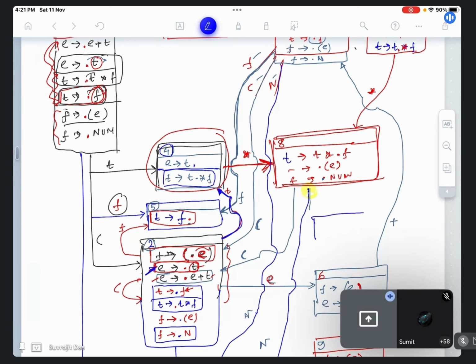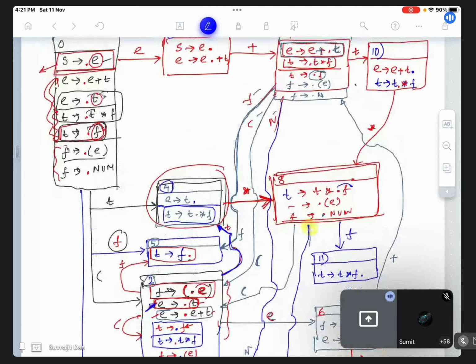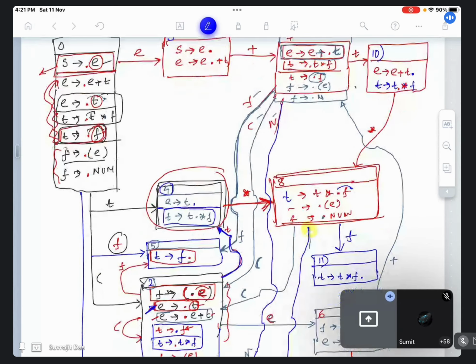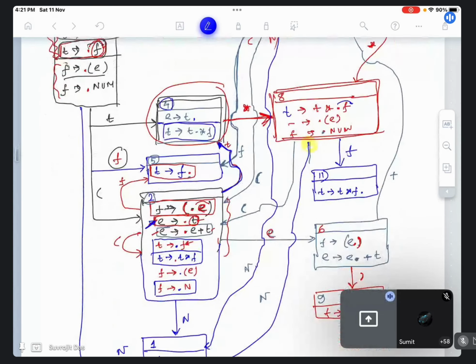So let us draw a state. Very good, Sumit. We must have another state, because if we want to make a transition on F, that means the dot should move to the right in this state, right? So it should be T goes to T star F dot. Let us name this state as 11. Now, I hope this is the whole picture, right?